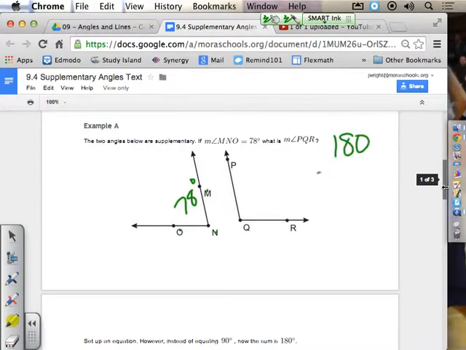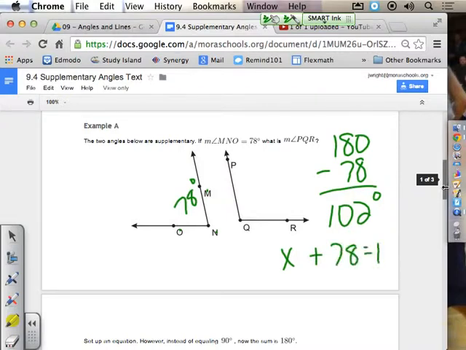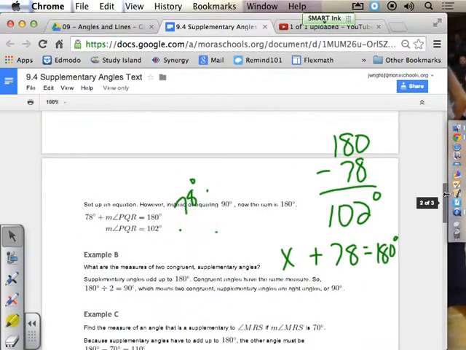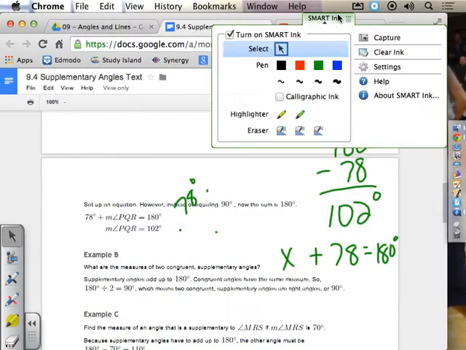So I can take 180 minus 78 and get 102 degrees. You can also set that up as an equation and do the old x plus 78 equals 180. Look at that, 102. Nice.